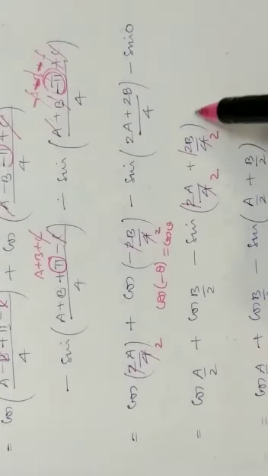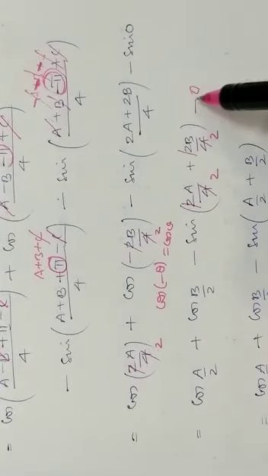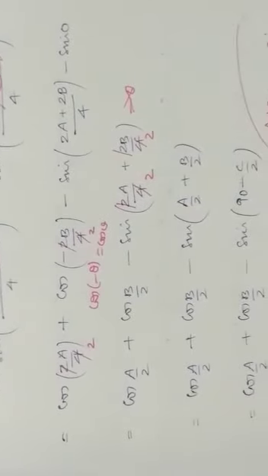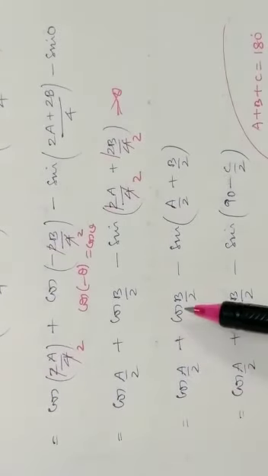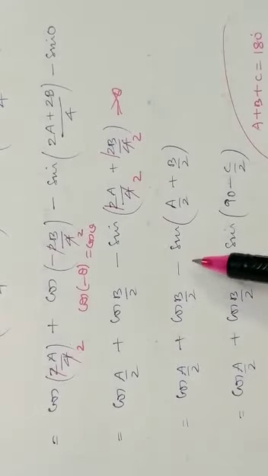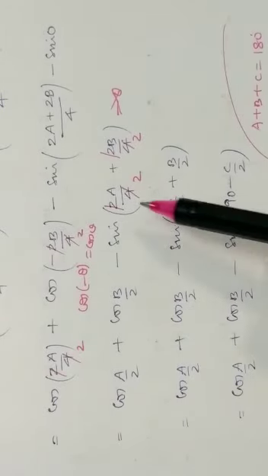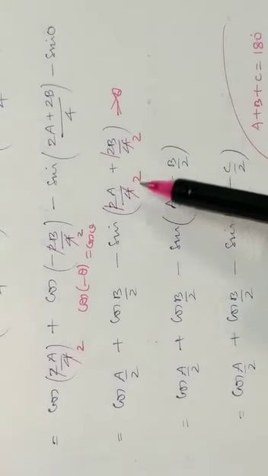What is the value of sin 0? 0. So, minus 0. Minus 0 is of no use. Remove it. So, cos a by 2 plus cos b by 2 minus the remaining are sin (a by 2 plus b by 2).